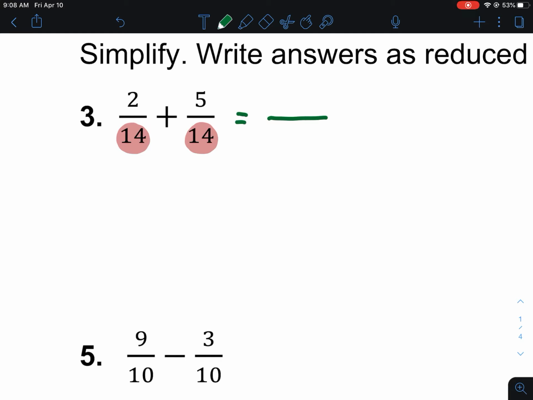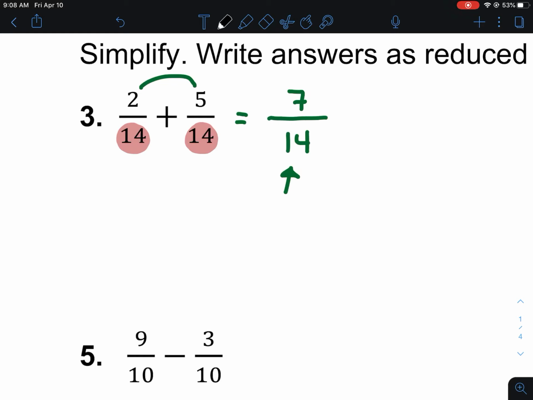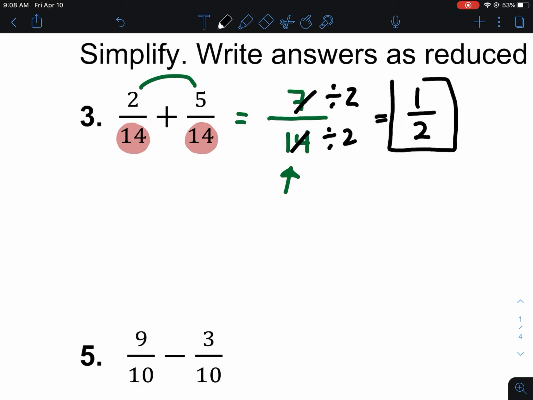So if I had 2 out of 14 and 5 out of 14, I'm just going to add these together, and I get 7 out of 14. Notice my denominator stays the same. Okay, then I'm going to see, can I simplify that? What goes into both 7 and 14? 2. If I divide each of these by 2, I'm left with 1/2.